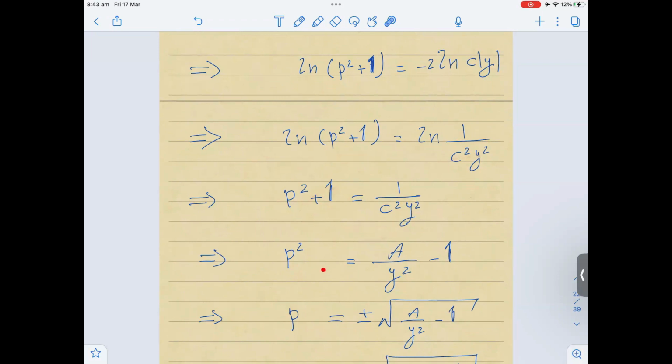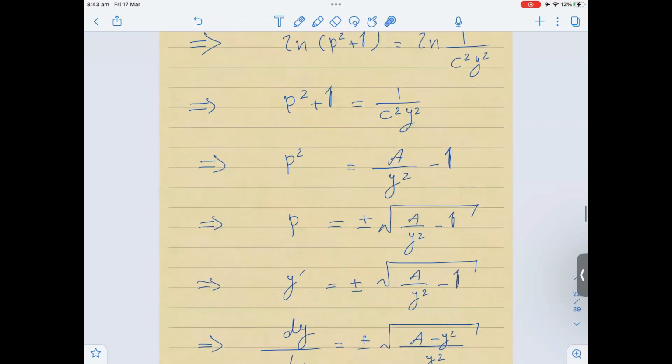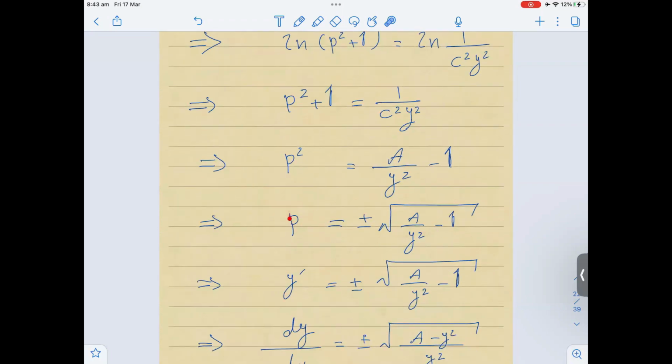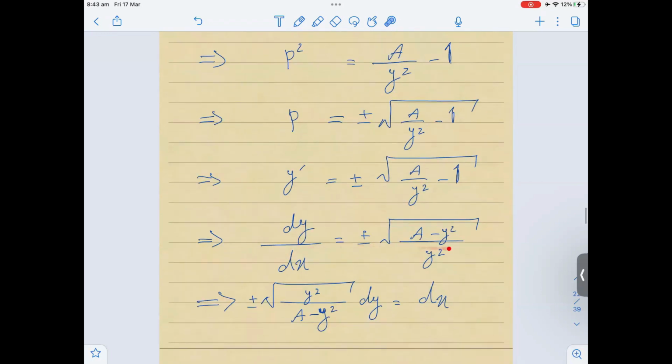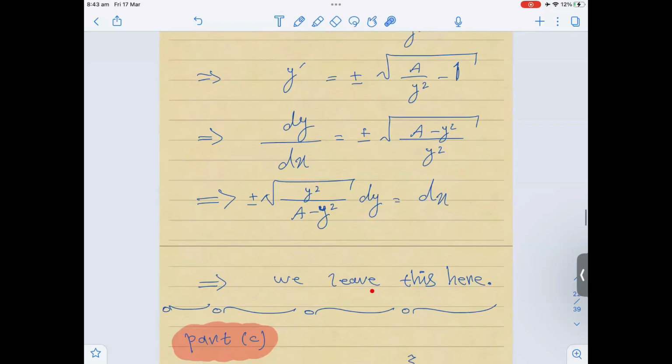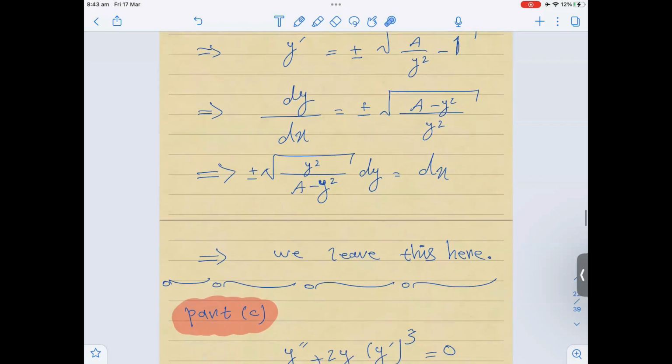I will get p squared is this one, then square root of both sides. P is y prime, p is dy over dx. So dy over dx is this one. Then we leave this one here because the integrating might not be easy.